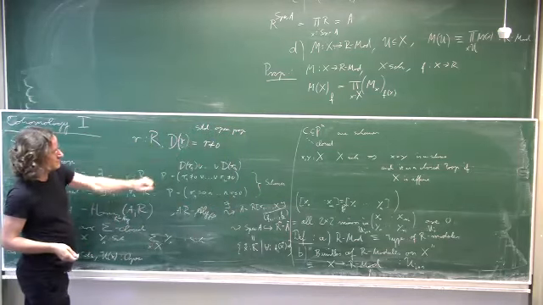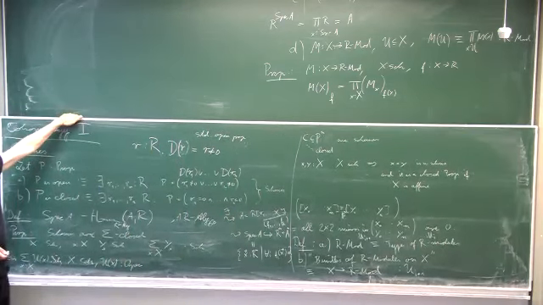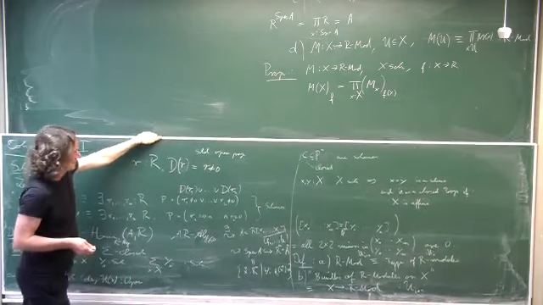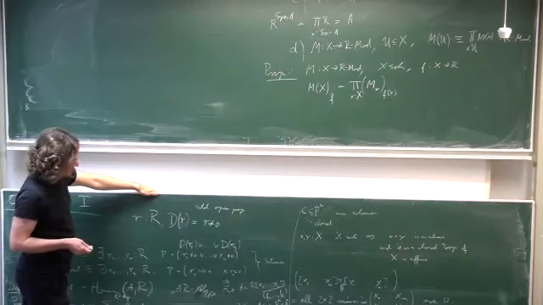So this form, and you can view this as the simplest open subsets of the point.